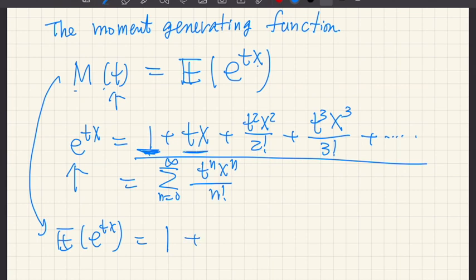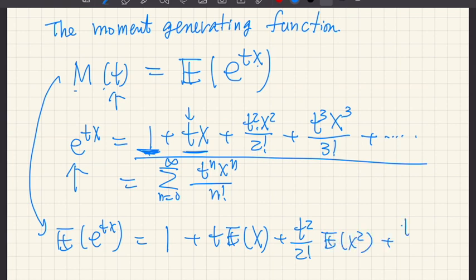And t is not a random variable, so it can go out of the expectation. So we have t times expectation of x, and same here, t squared divided by 2 factorial times expectation of x squared, and t cubed over 3 factorial times expectation of x cubed, and so on.